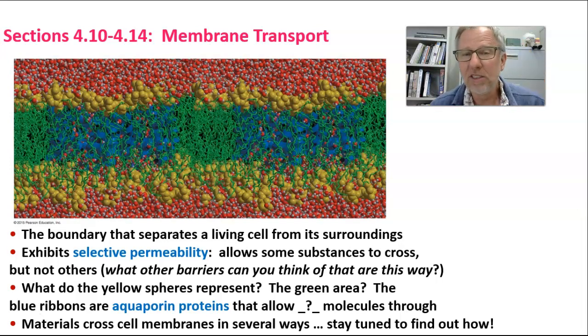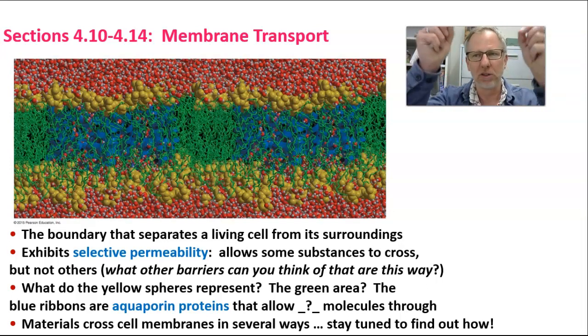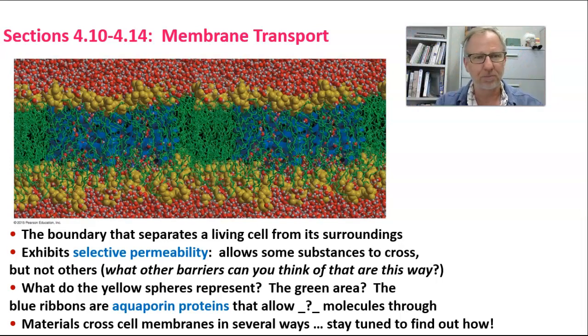And the blue ribbons in this model are aquaporin proteins. What kind of molecules do aquaporins allow through? They allow water molecules through. Plasma membranes are not very permeable to water unless there's a special protein put in the membrane called an aquaporin that allows the water molecules to pass through channels.